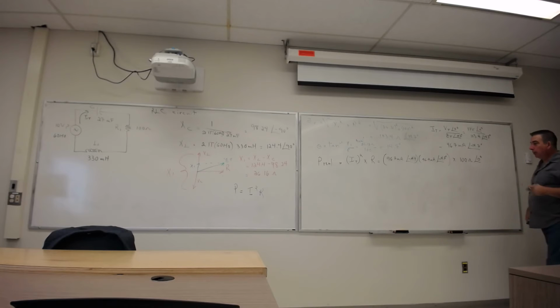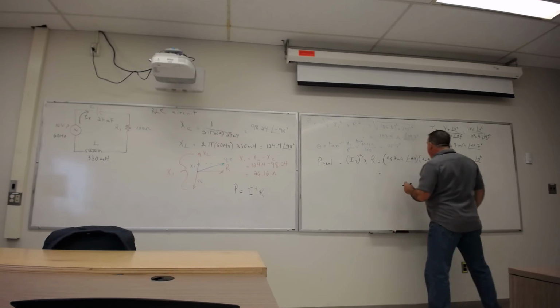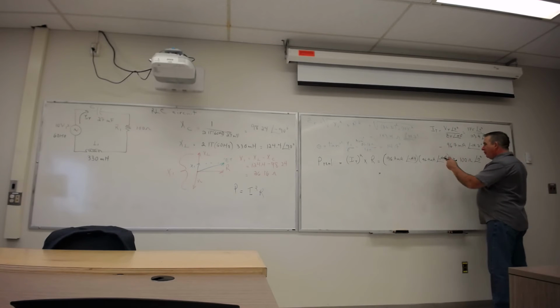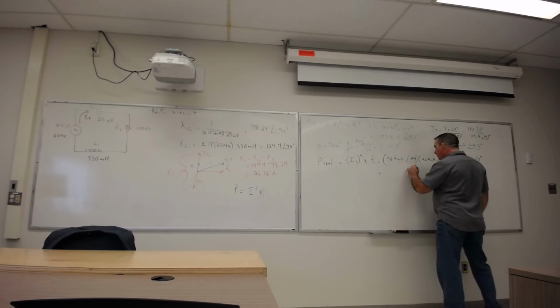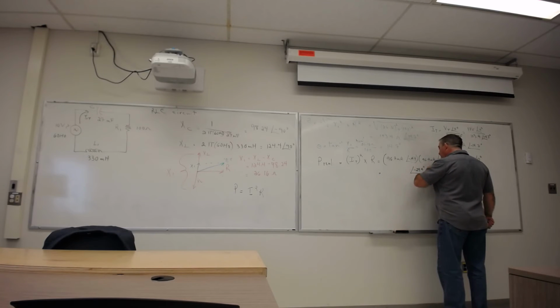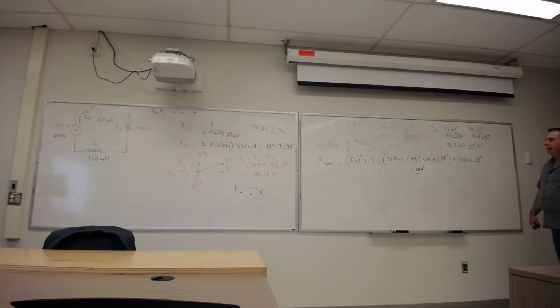That works out pretty well. The angles, you add them up: negative 14.7 plus negative 14.7 should be negative 29.4. So you take 96.7 milliamps times 96.7 milliamps times 100 ohms, and you're going to come up with milliwatts.